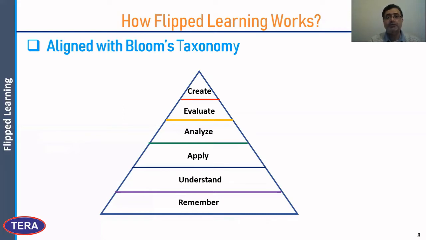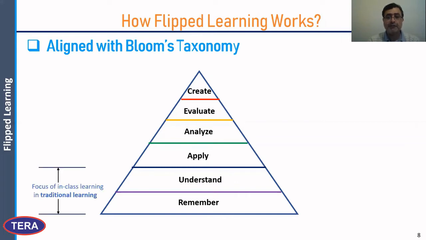When we look at Bloom's taxonomy from the traditional lecturing point of view, basically a chalk and talk method, or what we call a sage on the stage method, it is assumed that the learners encounter new ideas for the first time in their class setting, where it is assumed that they have zero knowledge of the new topic, and the focus of the class time is on the bottom half of Bloom's taxonomy.